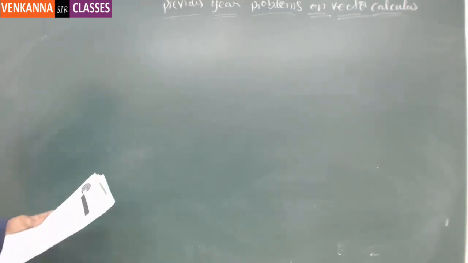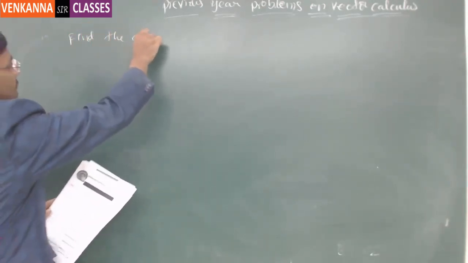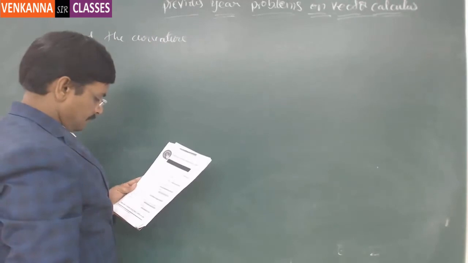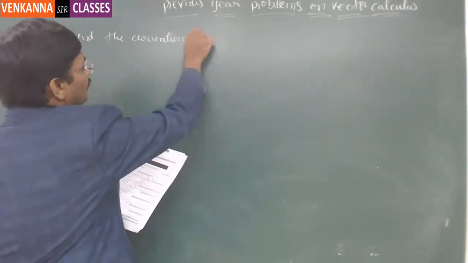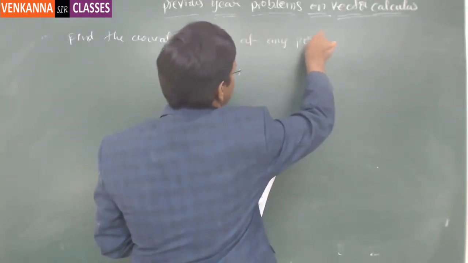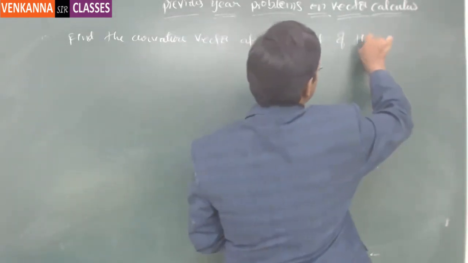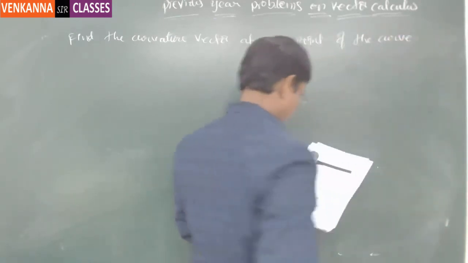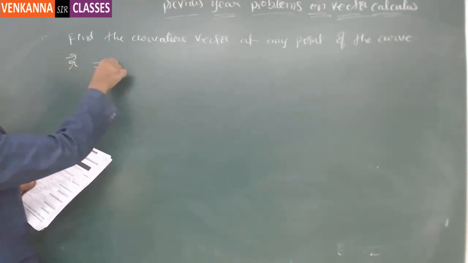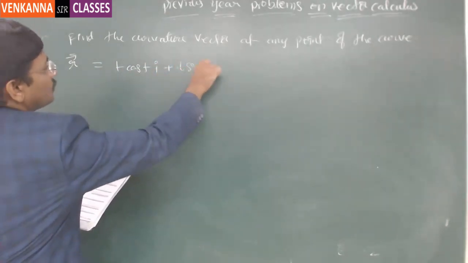Find the curvature vector at any point of the curve. R bar equal to t cos t into i plus t sin t into j.